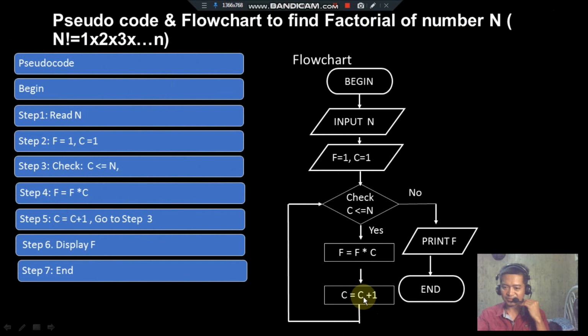So, baba dito. Counter ngayon ay ano ang value? 4. So, 4. Is 4 less than or equal to n? Hindi. So, no. Punta na tayo sa no. Piprint na natin yung factorial, which is, yung previous value is 6. So, the end. So, ganun lang siya.